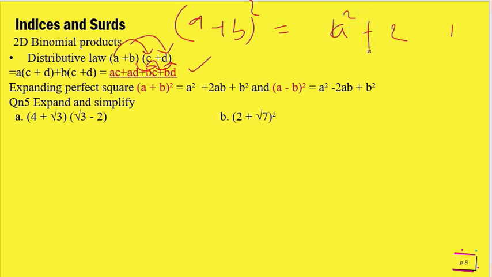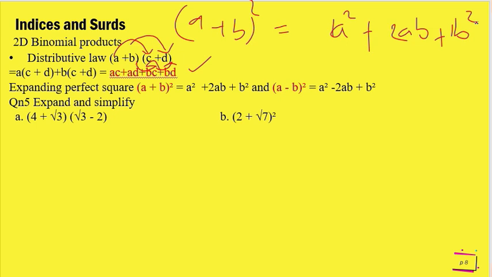Plus the coefficient of the second term, which is 2, and the second term is the product of the first and second terms, a multiplied by b, so this is 2ab. Finally, the coefficient of the last term, b squared, is 1, so we have b squared. That is how we get the product very easily.